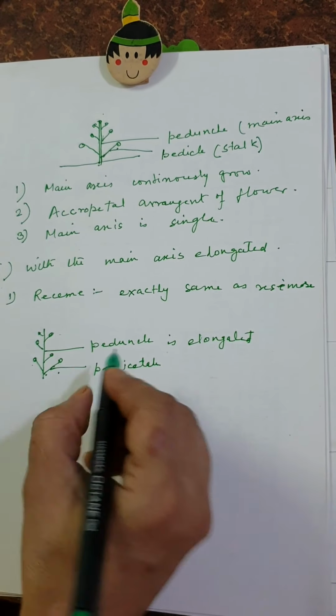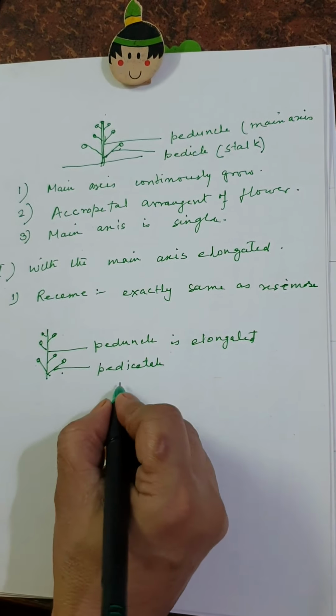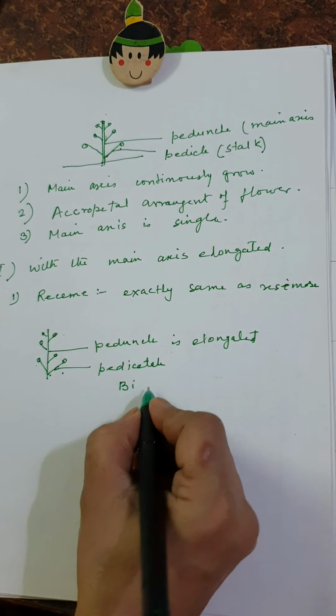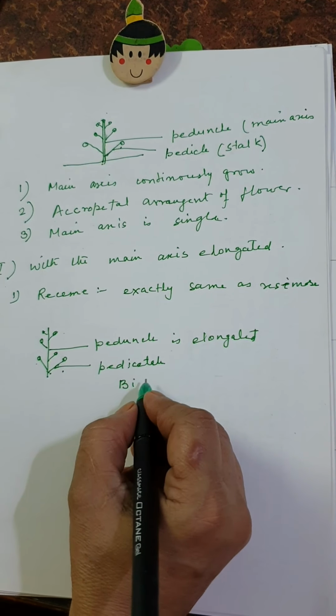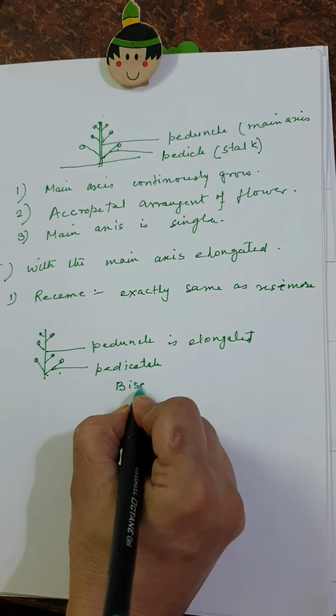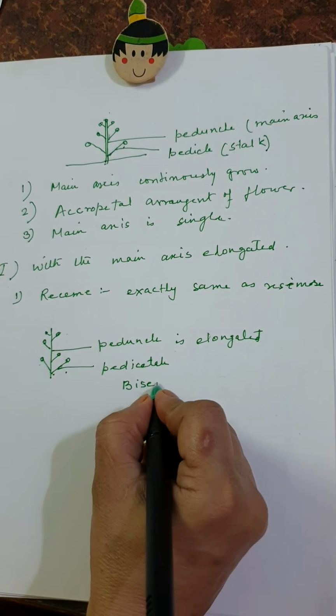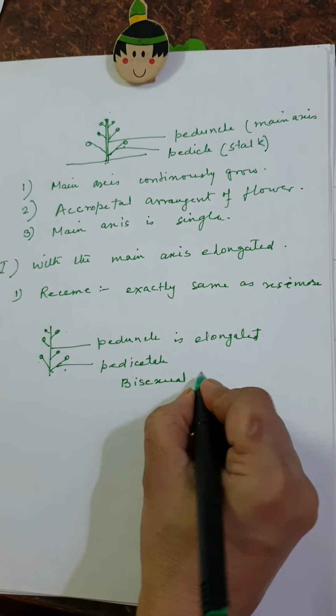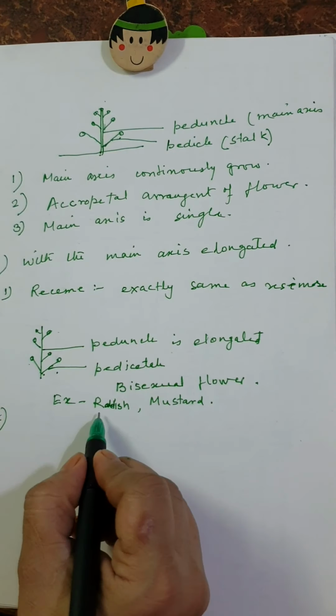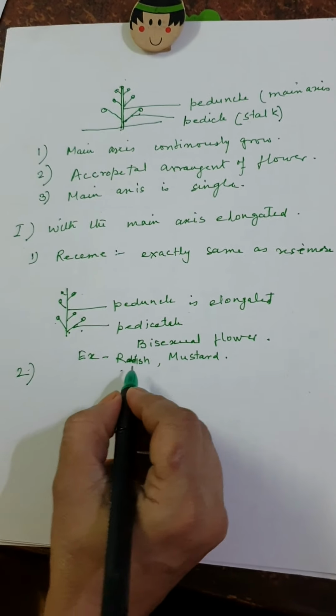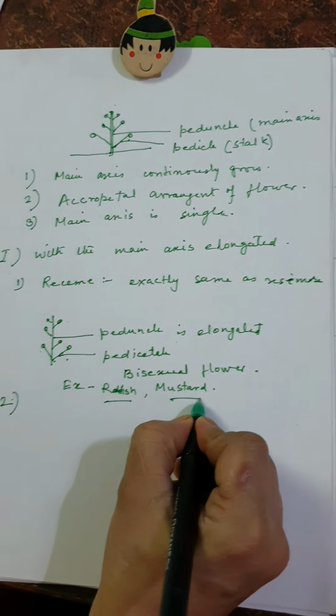These are bisexual flowers. Raceme type of inflorescence is found in bisexual flowers. An example of raceme type of inflorescence is radish, mustard.